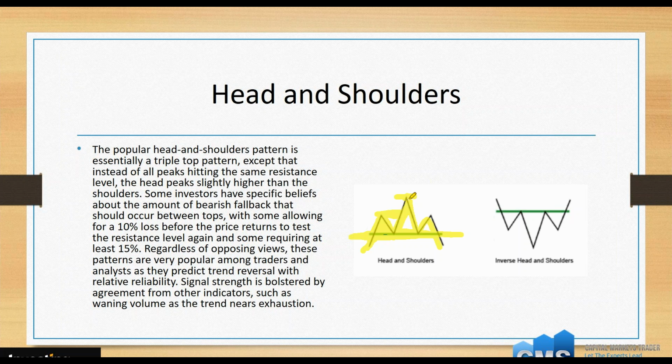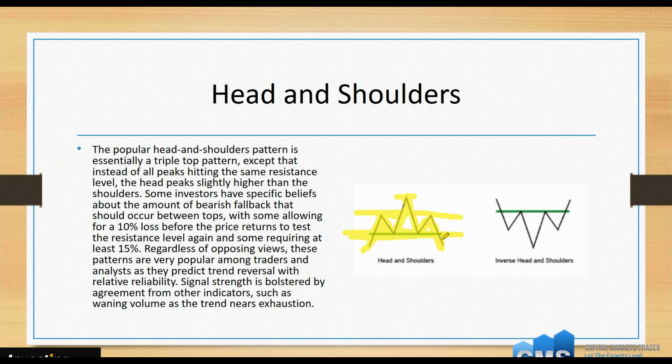Then price will come back down, but still you don't know whether you have a head and shoulders. Price will come back down, and if price hits that same neckline, or actually forms the neckline now, because it's now supported by this support line here, and bounces off of there, now you have the formation of a possible head and shoulders. When price moves back up and reaches almost or pretty much the same level as that previous shoulder and turns downward, then you know you have a head and shoulders formation.